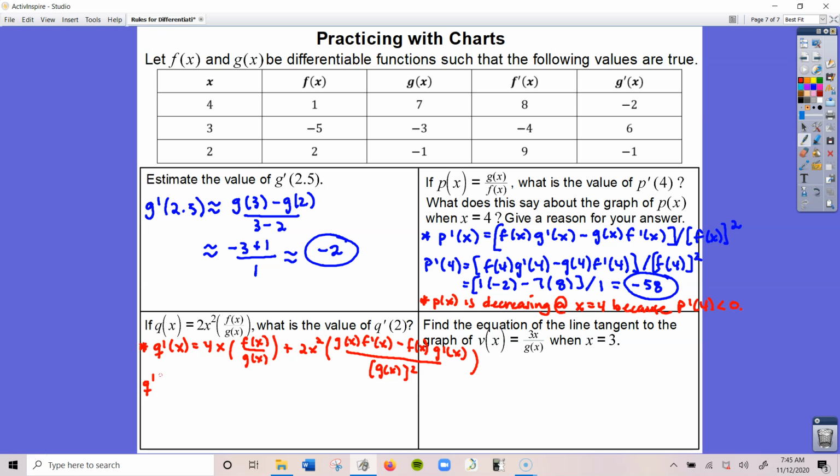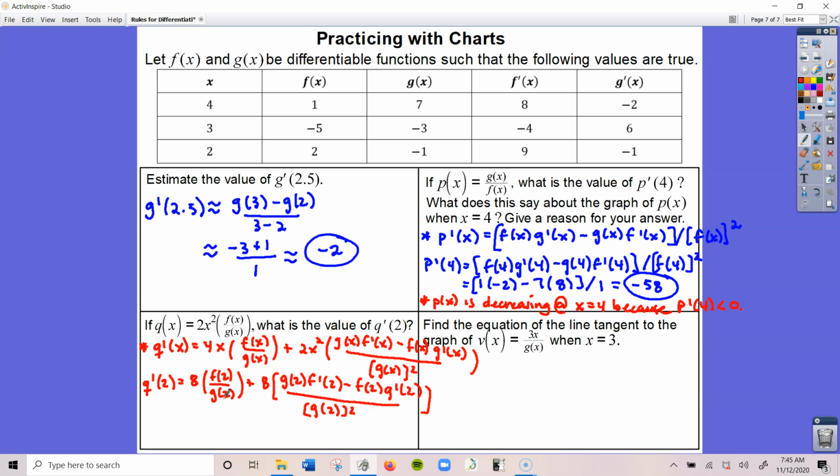So q prime of 2 is going to equal 4 times 2, which is 8, times f of 2 over g of 2, plus 2 squared is 4, and 4 times 2 is 8 again, times g of 2 times f prime of 2 minus f of 2 times g prime of 2, all over g of 2 squared. And I apologize that it's all slanted.